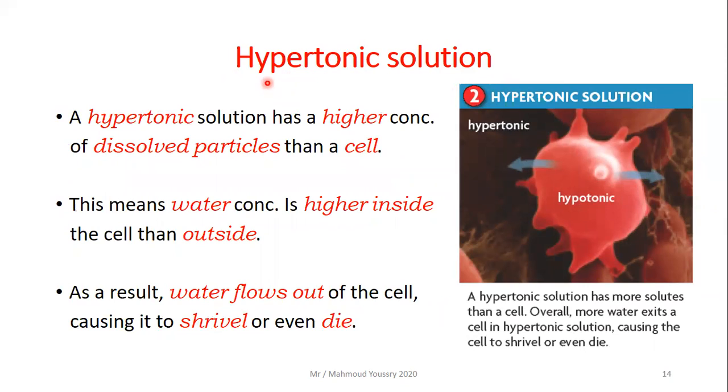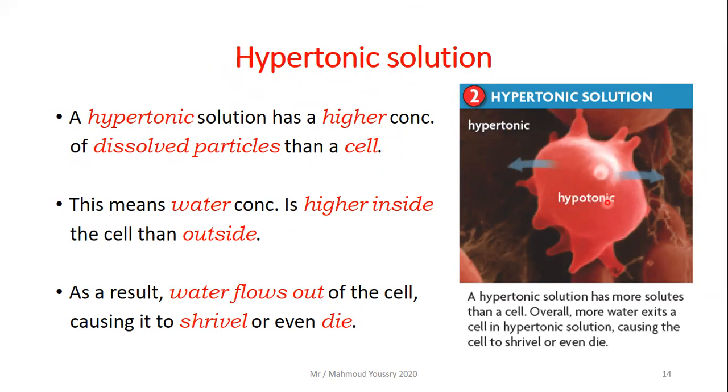Then we move to the hypertonic solution. Hyper means higher. Keep in mind that when we are talking about a solution, we are talking about the solution outside the cell. Hypertonic means a higher concentration of dissolved particles. This is so important. A hypertonic solution has a higher concentration of dissolved particles than a cell, so it has a lower concentration of water.